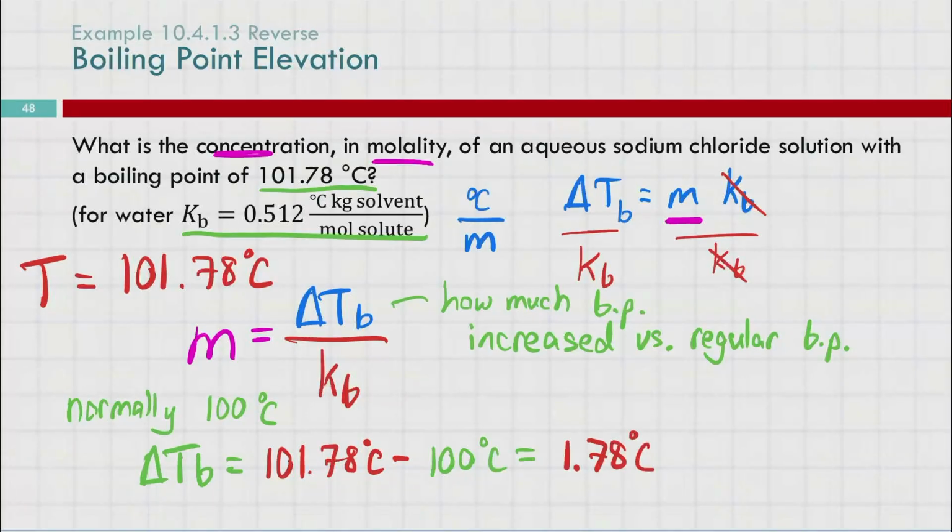I don't know that the delta Tb equation that I wrote at the bottom always works, or if it's going to be flipped sometimes. But it went up by 1.78 degrees Celsius, and so that's our delta Tb. Questions so far?